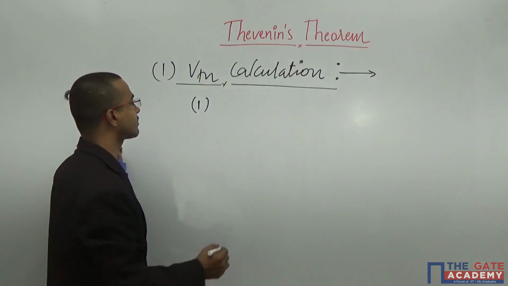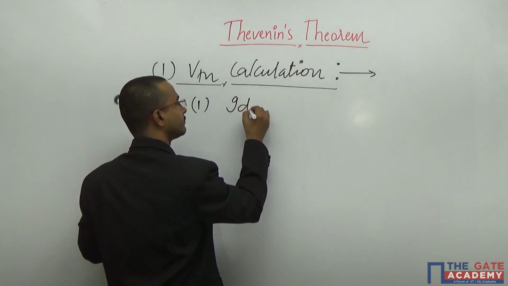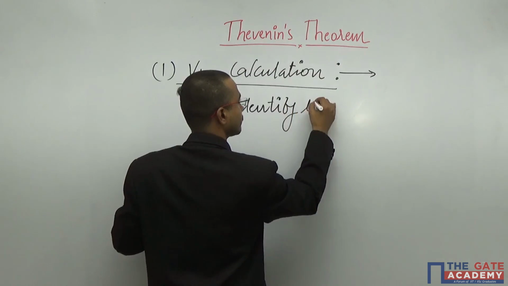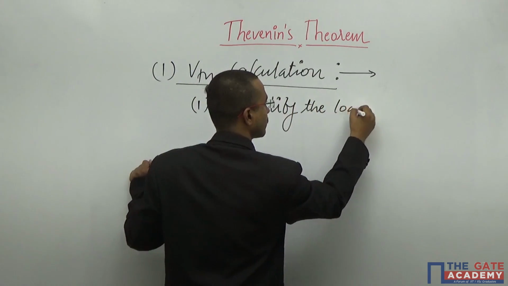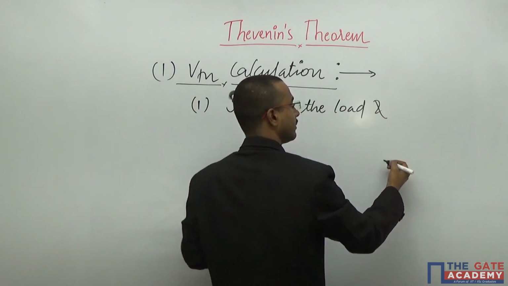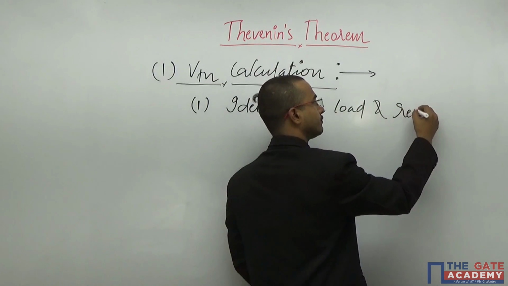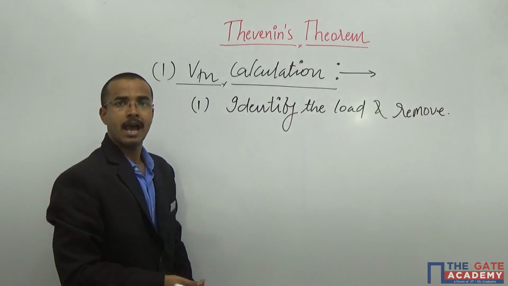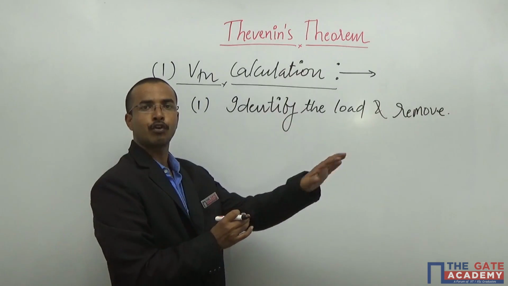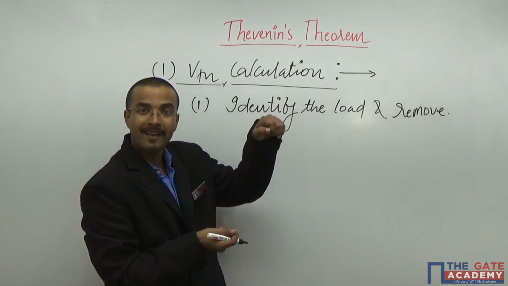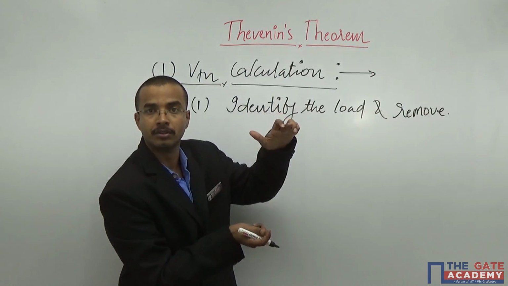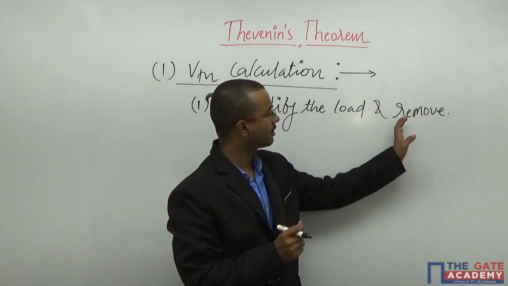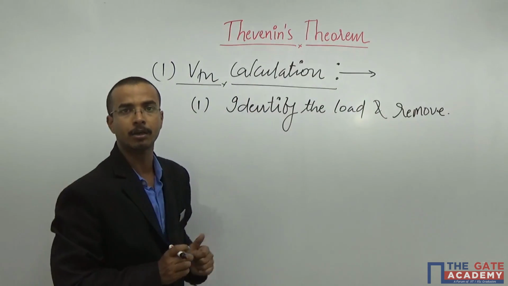That means the first thing is to identify the load and remove it. As you remove the load from your circuit, you will get an open circuited terminal across the load. Yes or no?